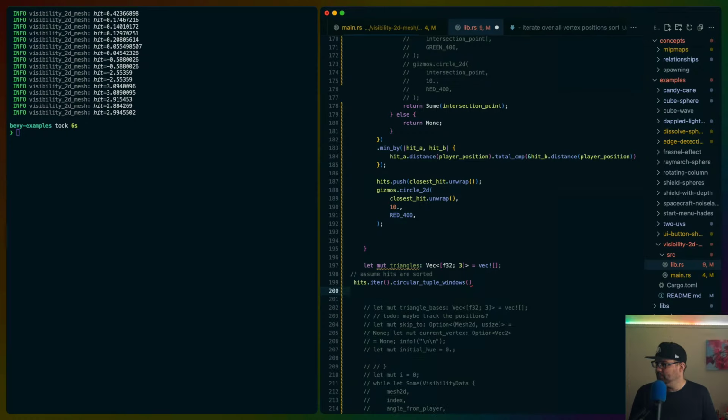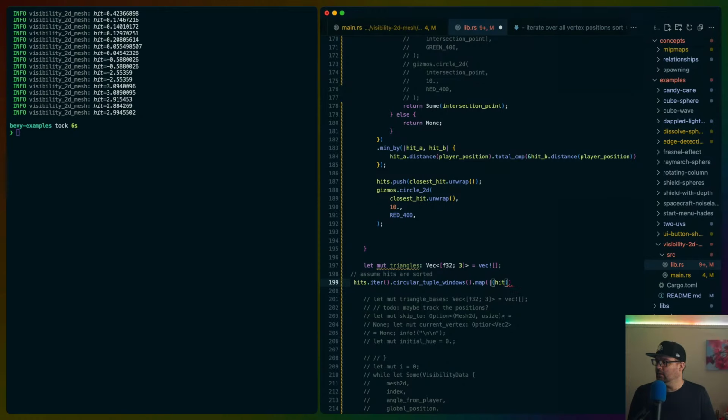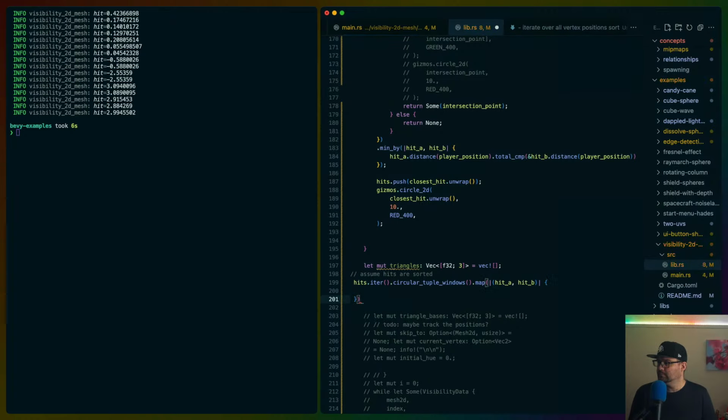Dot map, hit A, hit B. We're going to collect this at some point. We're going to build like XYZ out of this somehow.